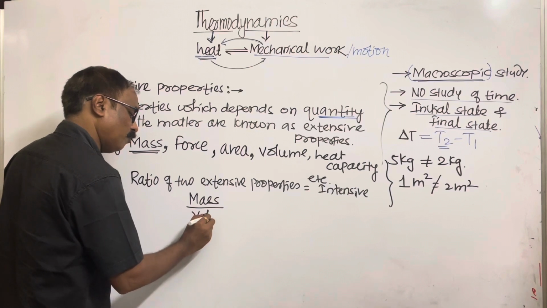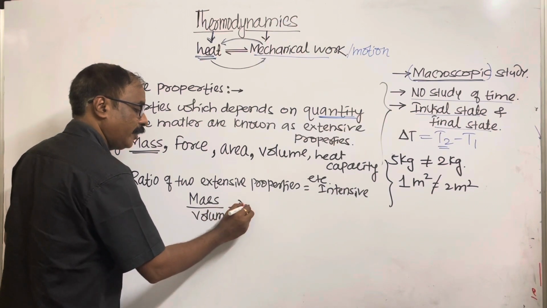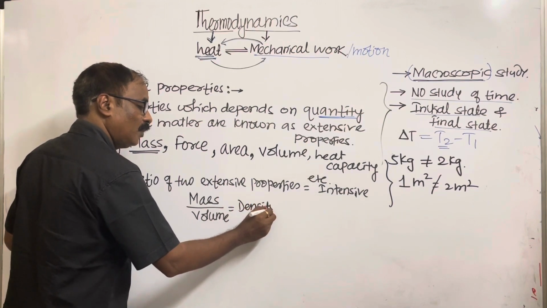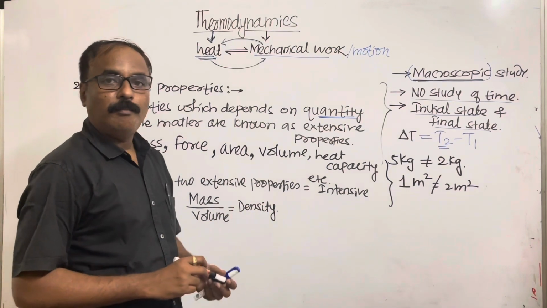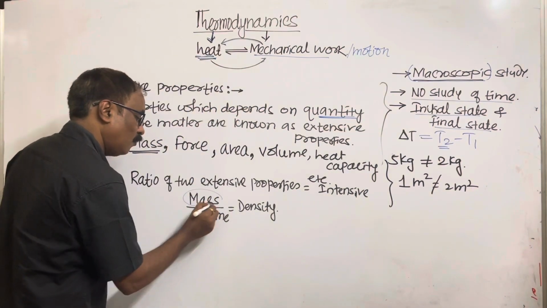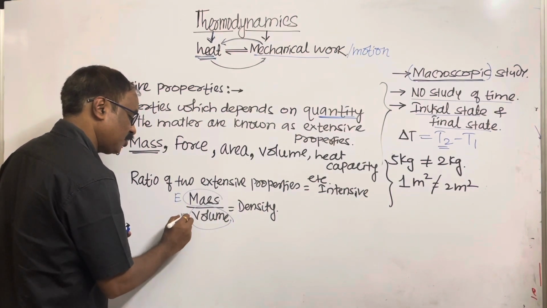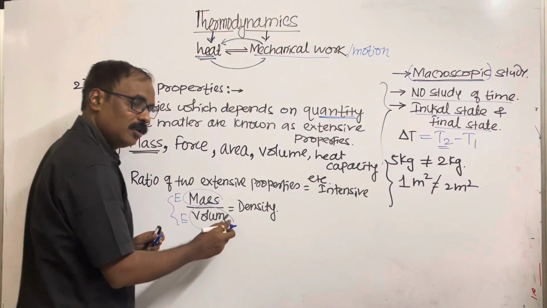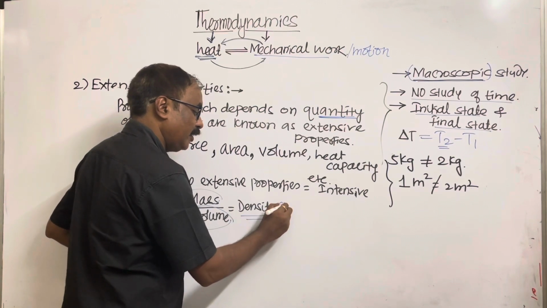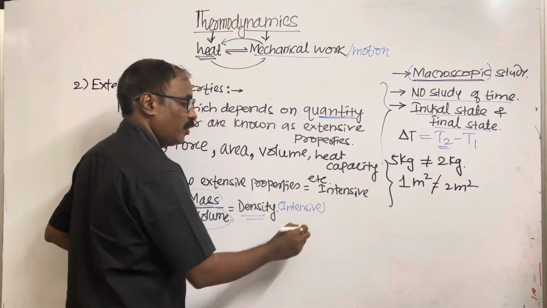Mass upon volume is equal to what? Density. Mass एक extensive property है. Volume is also extensive property, isn't it? An extensive property, an extensive property, and a ratio of these two. So here density, this is intensive property.